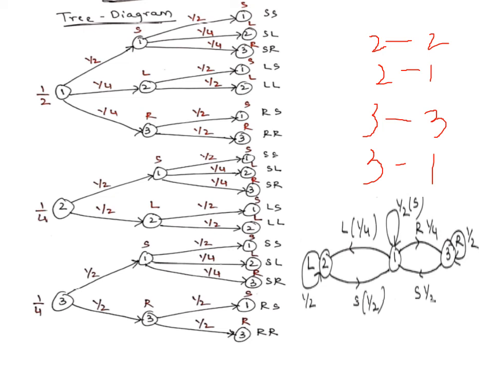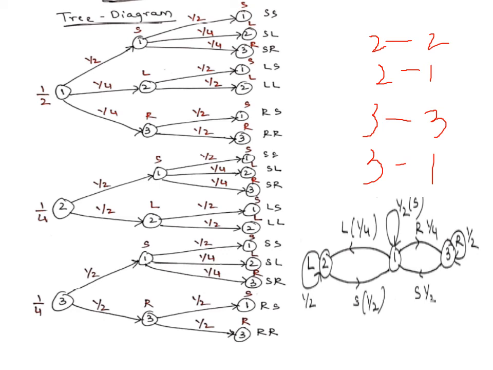Similarly 3 to 1 and 3 to 3 transition is possible. Same way for the other nodes, 1 transits to node 1, node 2, node 3, node 2 has transition to node 1 and node 2, node 3 has transition only to node 1 and node 3.